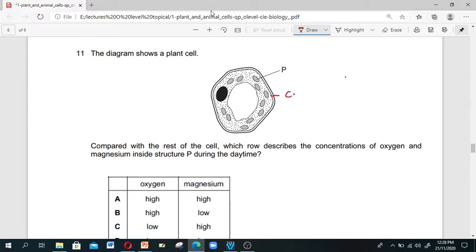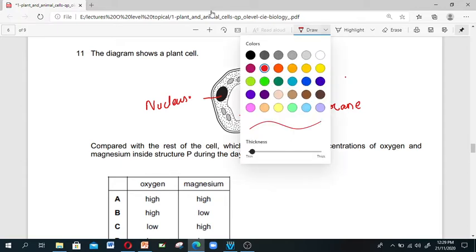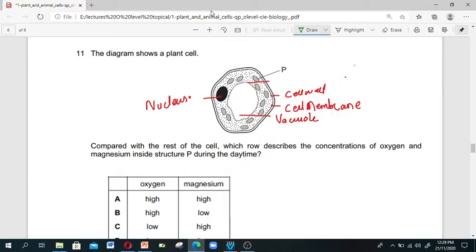This is the cell wall. Now second layer, cell membrane. This is the vacuole and this is the nucleus, and this is structure P, as they labelled it. What is structure P? Structure P is the chloroplast.